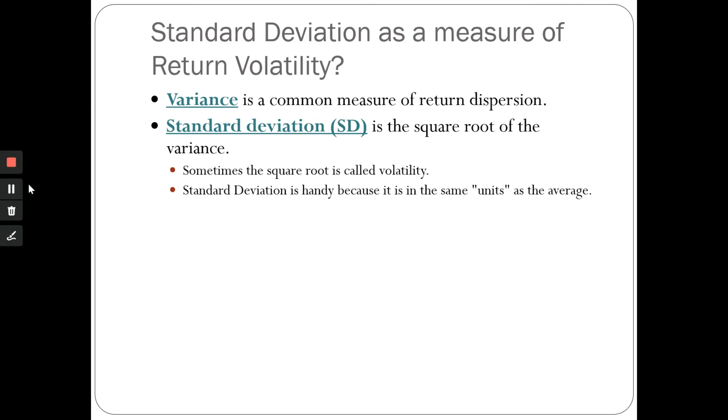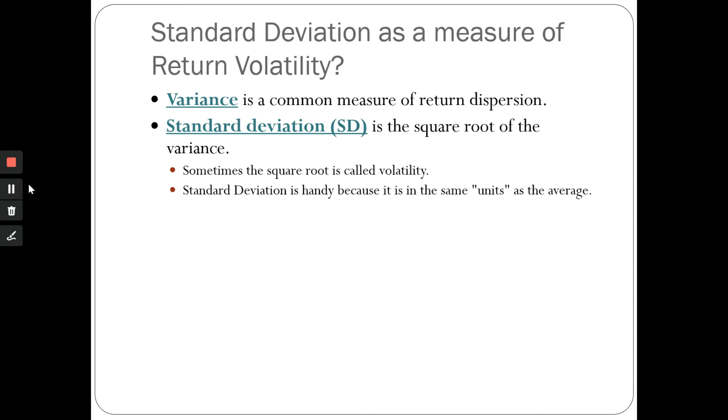It may be 7%. In 2018 it can be 10%. In 2019 the stock return might be 2%. So it means that it's a variable which can take any value. So there is a dispersion, there is uncertainty. That uncertainty is measured through the variance, and if we take the square root of that variance, we come to the standard deviation.